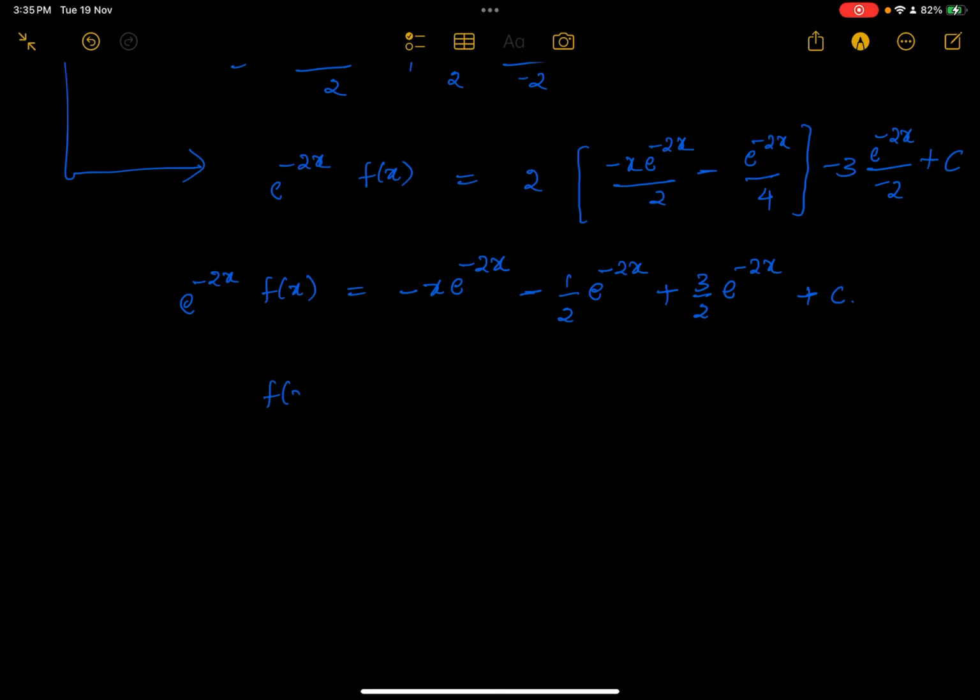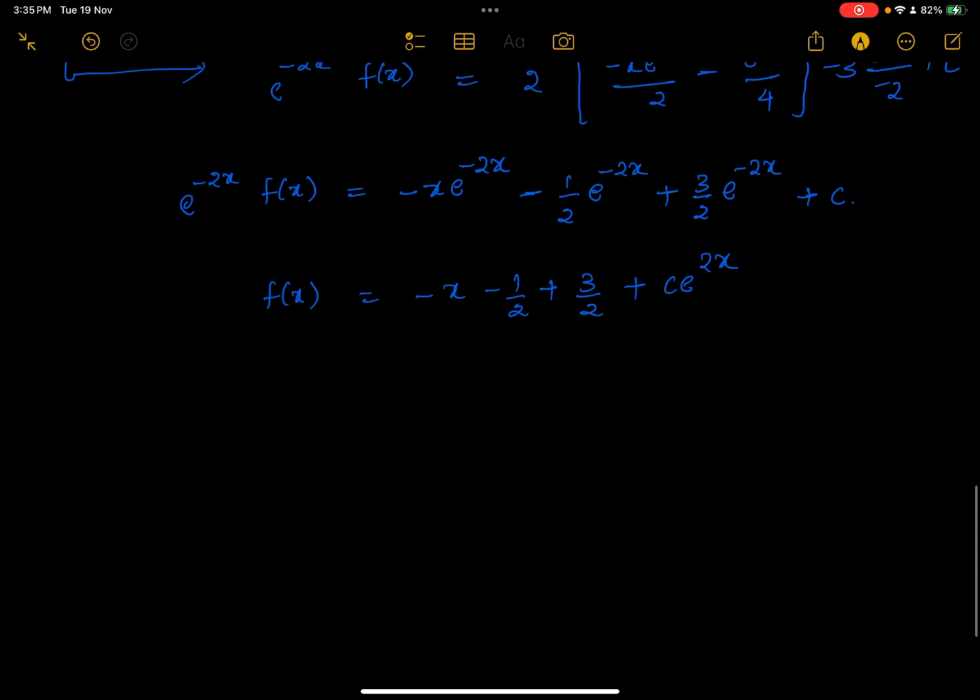So this will be f of x. This is minus x. This is minus half. This is plus 3 by 2 plus c into e to the power 2x. So that is f of x is equals to minus x plus 1 plus c into e to the power 2x. So now we got f of x.